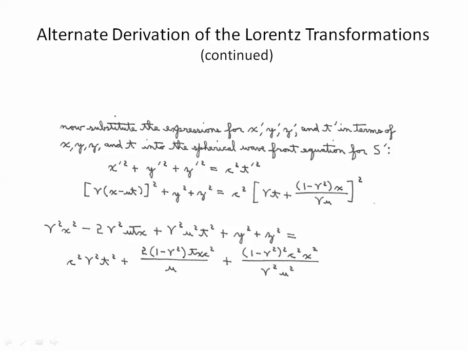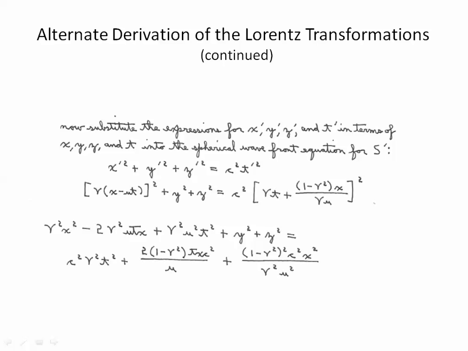We have assumed the form for x prime as gamma times the expression x minus ut. We have the expression for t prime from the bottom of the previous slide. We have y prime equals y and z prime equals z. We now substitute the expressions for x prime, y prime, z prime, and t prime into the equation for the sphere in S prime: x prime squared plus y prime squared plus z prime squared equals c squared times t prime squared.